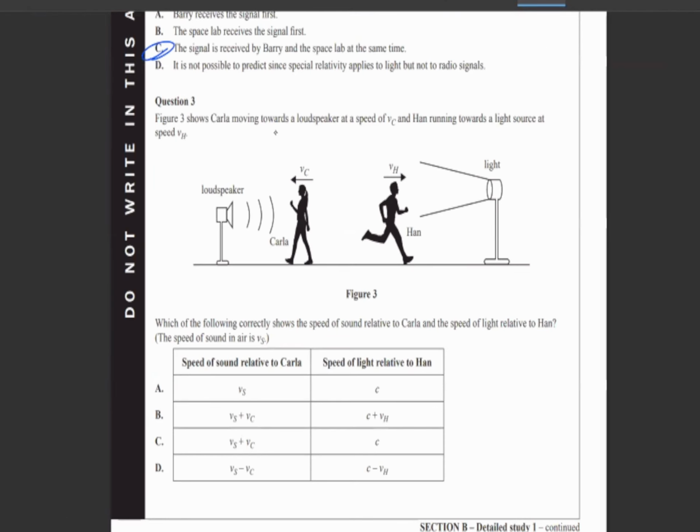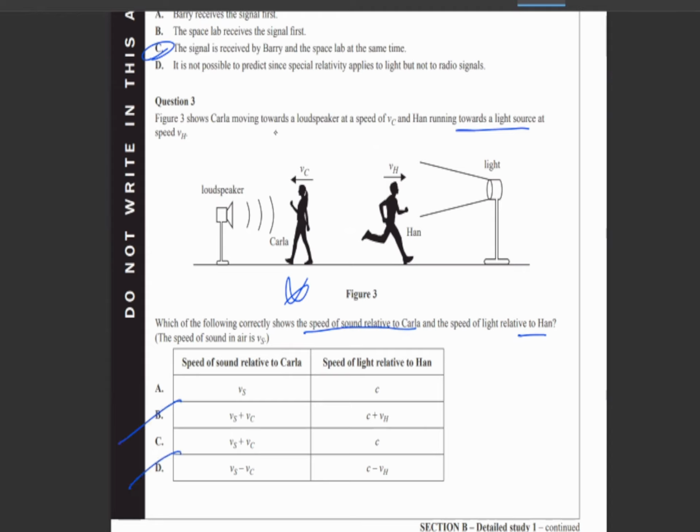The car is moving towards the loudspeaker and towards the light source. The speed of sound relative to the car and the speed of light relative to the car. Light is always going to be the same, it doesn't change.